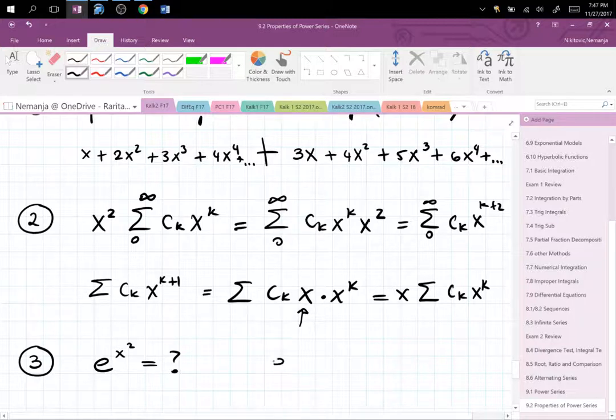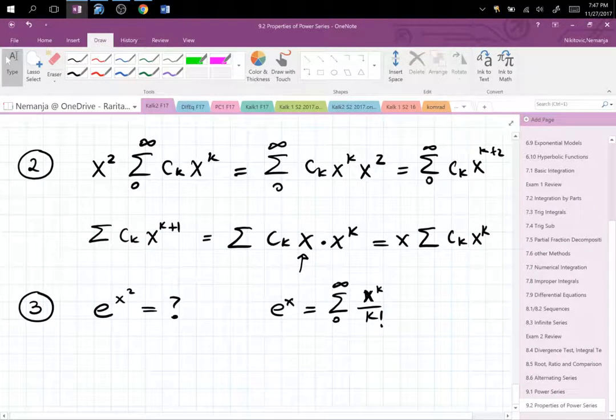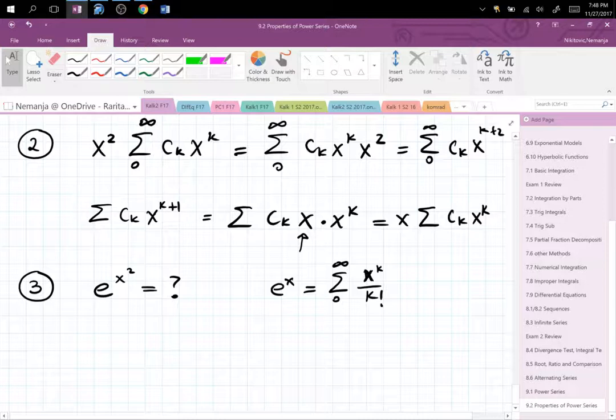Well, we know that e to the x is the summation of x to the k over k factorial, from 0 to infinity. Now that expands into 1 plus x plus x squared over 2 plus dot dot dot.